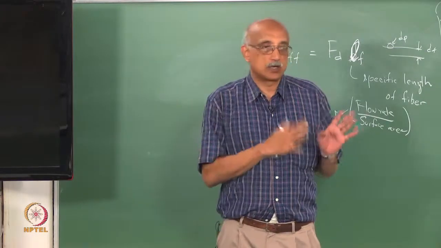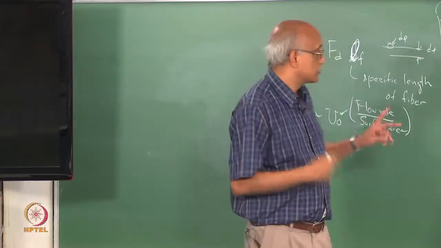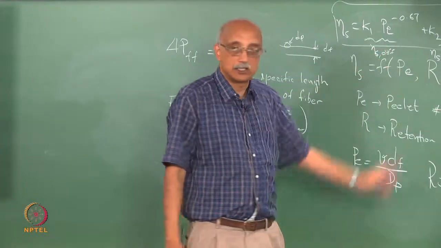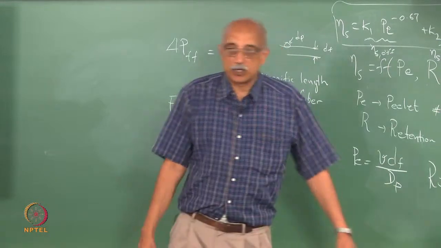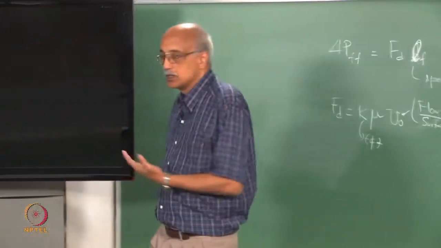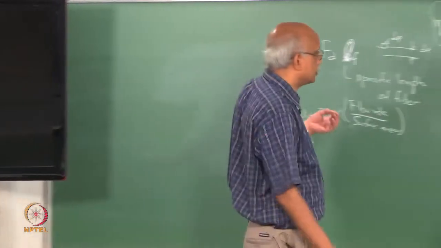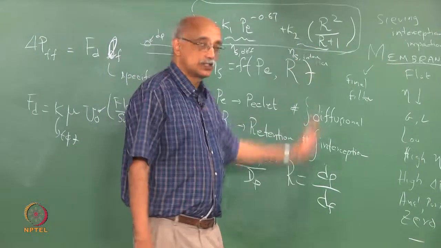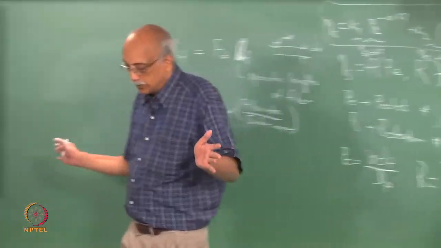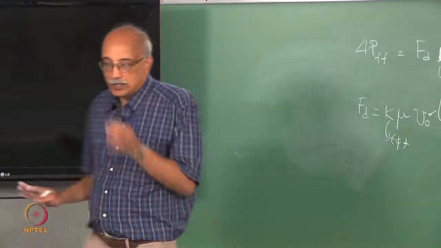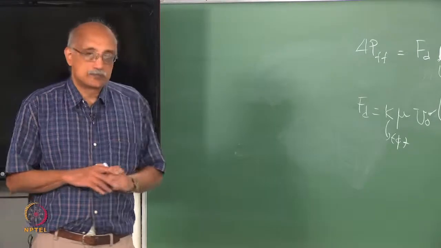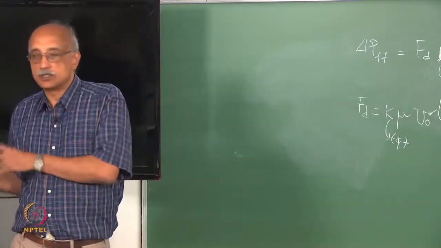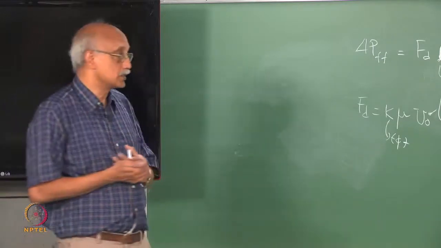Most of the submicron particles, nano dimensional particles, will be collected through a diffusional process that is expressed by the Peclet number, whereas most of the particles that are in the micron and larger range will primarily be captured through interception as a phenomenon, and it will be through this expression. So, for a given particle size distribution, you can pretty easily estimate what is going to be your diffusional capture efficiency and what is going to be your interceptional capture efficiency.